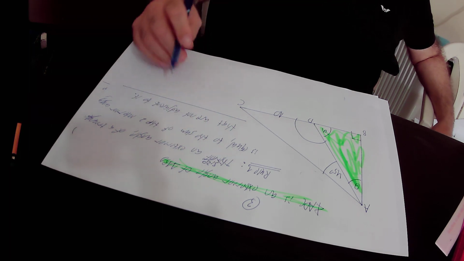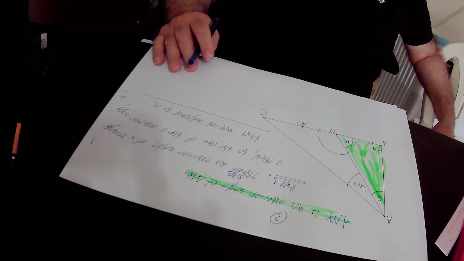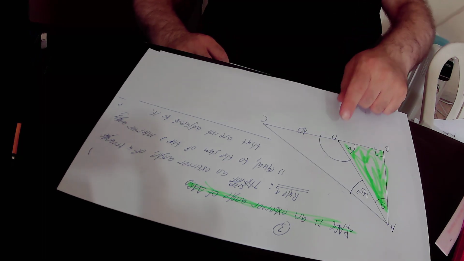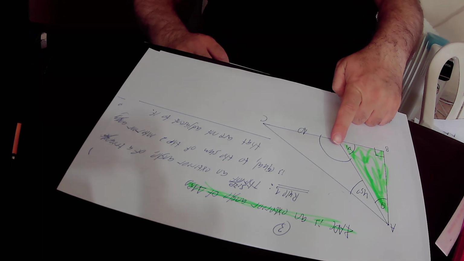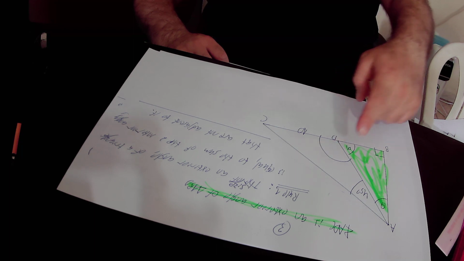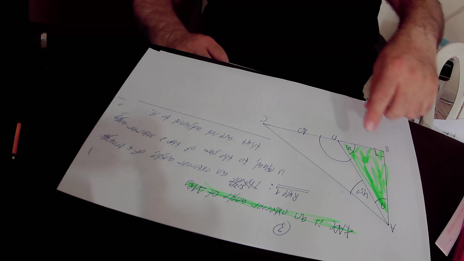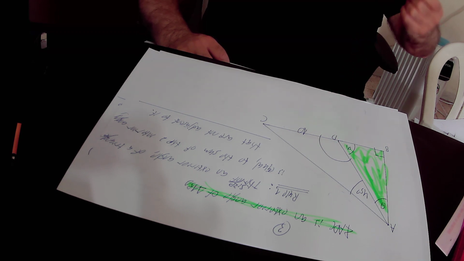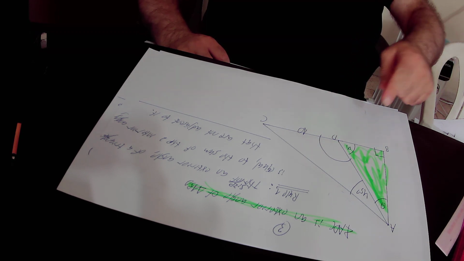According to rule number 1, the size of an exterior angle of a triangle is equal to the sum of the two interior angles that are not adjacent to it. So according to rule number 1, the size of this exterior angle, angle ADC, that is an exterior angle of triangle ABD, is equal to the sum of the two interior angles that are not adjacent to it.